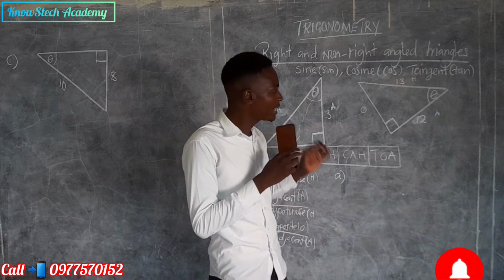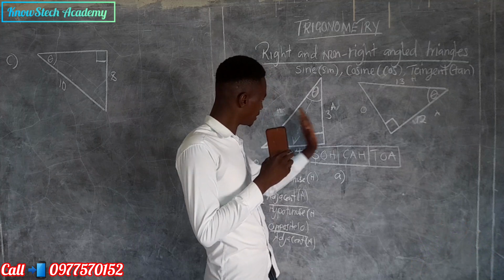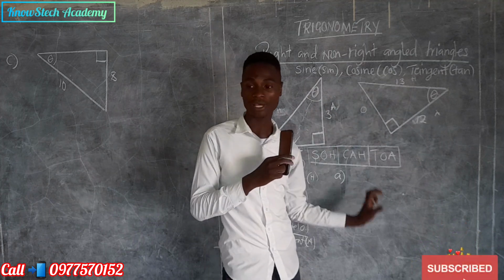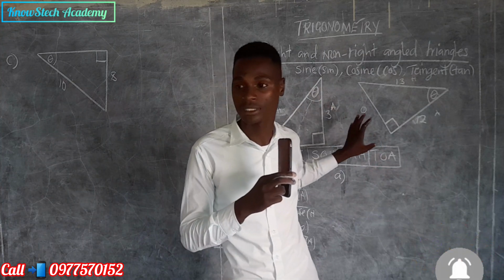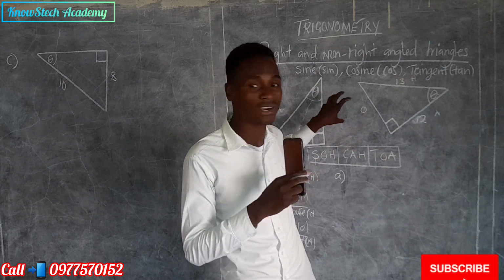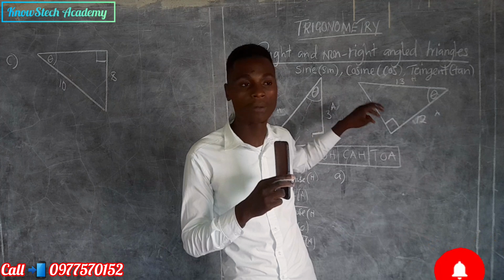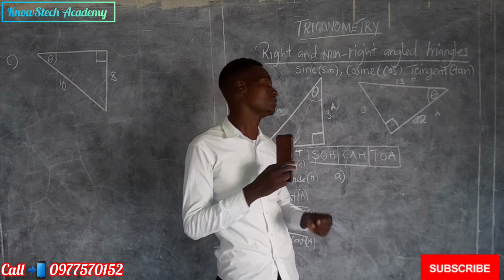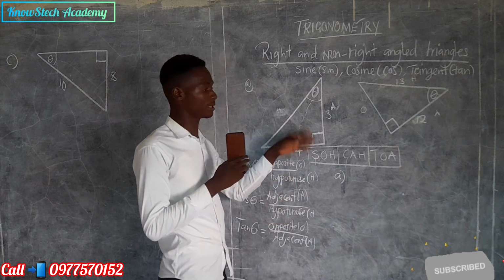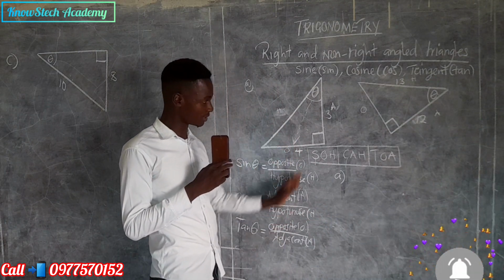Now we're going to write trig ratios of these two triangles. Normally paper 1 brings questions from these right angled triangles, and paper 2 is non-right angled triangles. Any questions so far before we start writing these trig ratios?